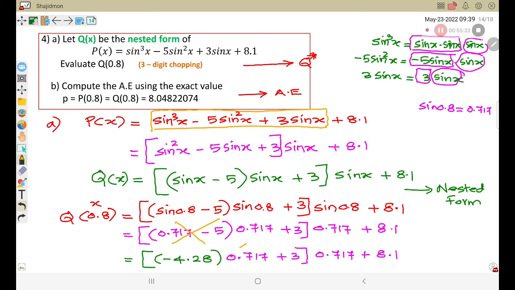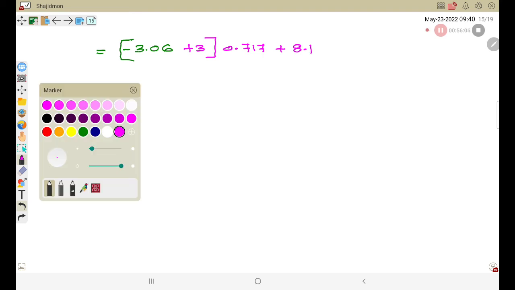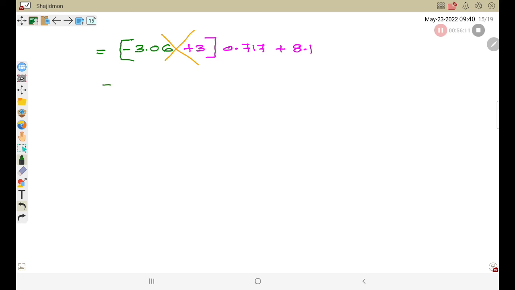Now for the next step, multiply these two numbers and take the 3-digit number. We get minus 3.06. All other numbers are the same, plus 3 multiply 0.717 plus 8.1. Now again the next two numbers: minus 3.06 plus 3 equals minus 0.06.